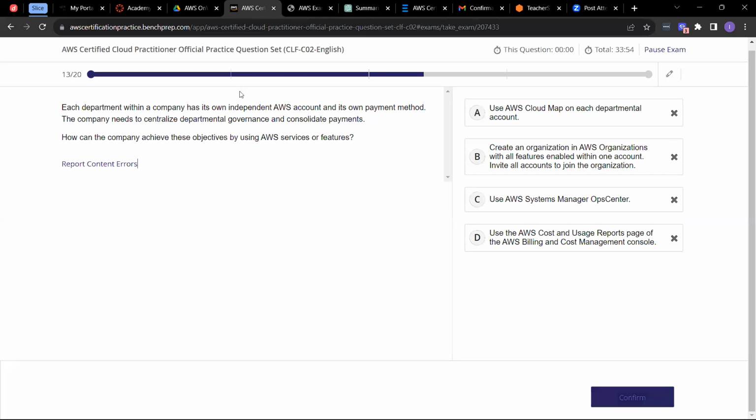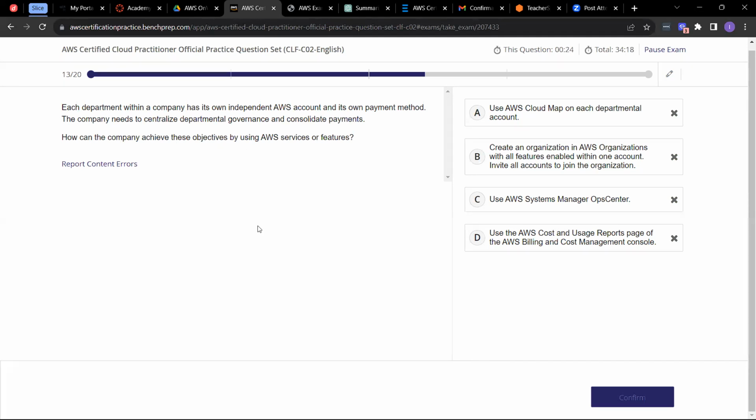Great. Now, each department within a company has its own independent AWS account and its own payment method. I think this question is becoming common and easy to answer. The company needs to centralize departmental governance and consolidate payment. How can the company achieve these objectives by using AWS services?